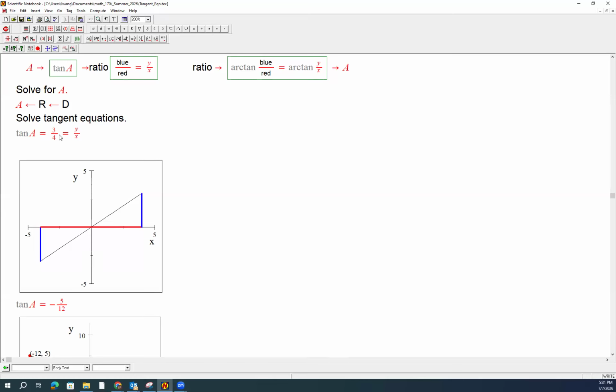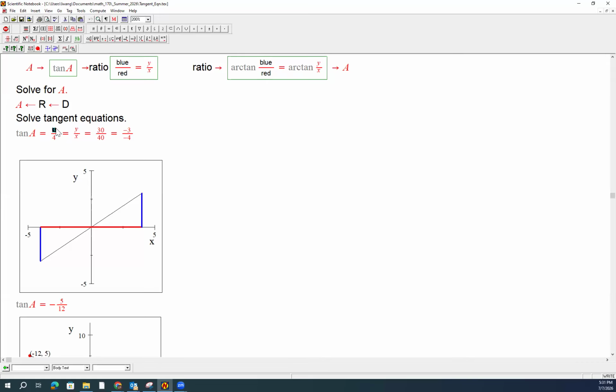It could be 30/40. It could also be -3/-4. These are the possible values of y and x.